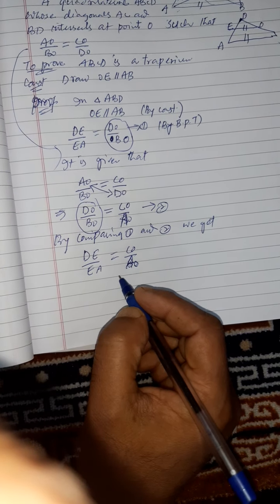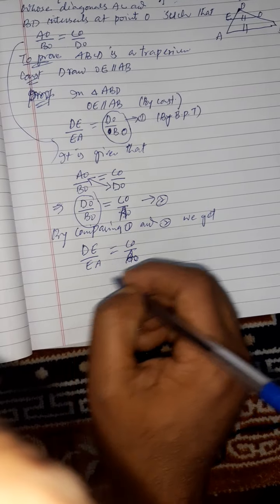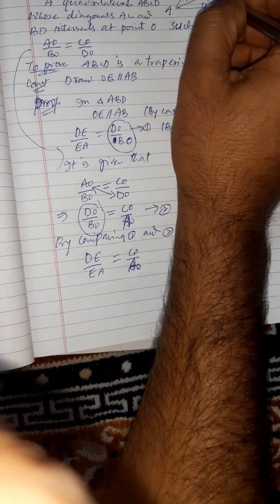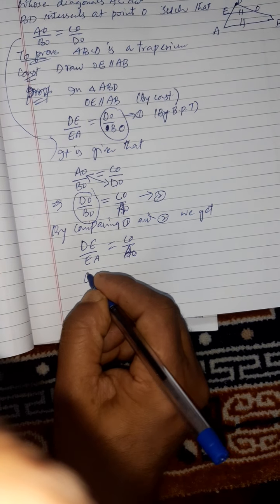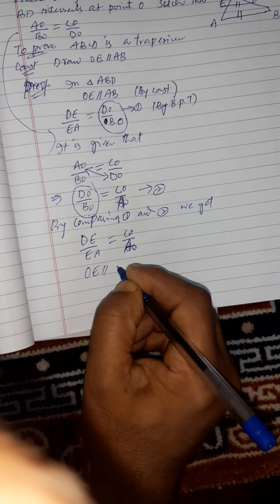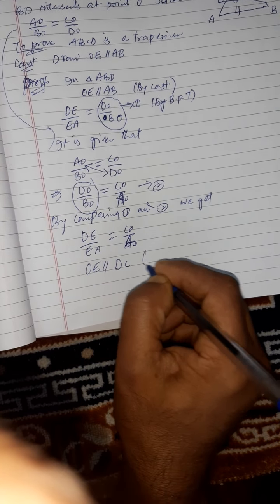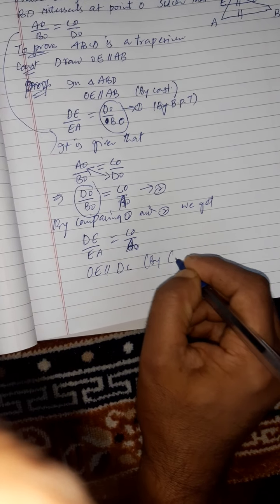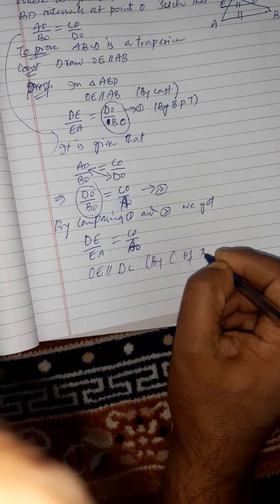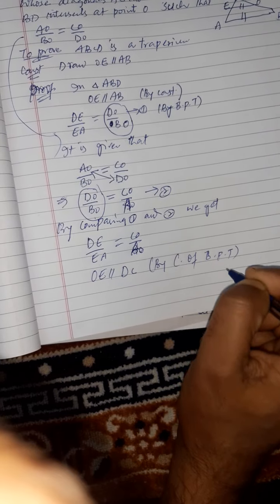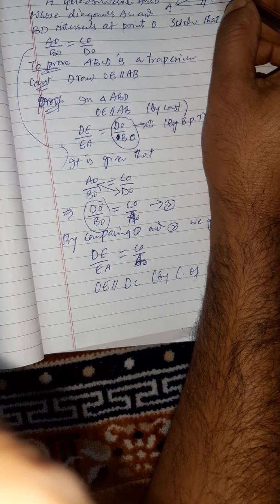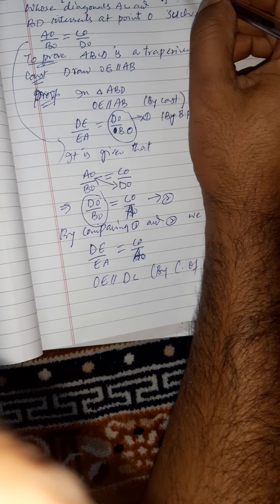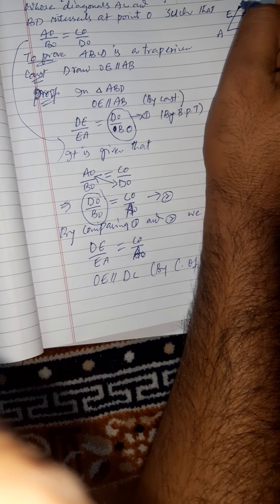So once the sides are divided in the same ratio, it means this OE is parallel to DC also. OE is parallel to DC. How? By converse of BPT. With the help of converse of BPT, we write OE is parallel to DC. But earlier, this OE was parallel to AB.